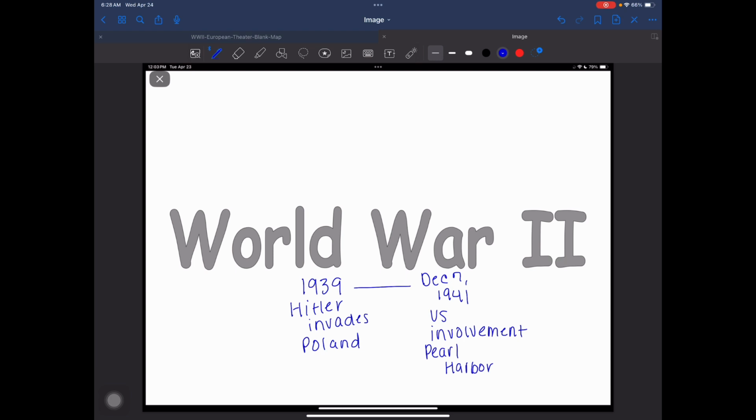Japan being in an alliance with Germany and Italy, we find ourselves fighting not only against Japan in the Pacific, but against Germany and Italy in Europe. And what ultimately brings an end to this war is the year 1945.